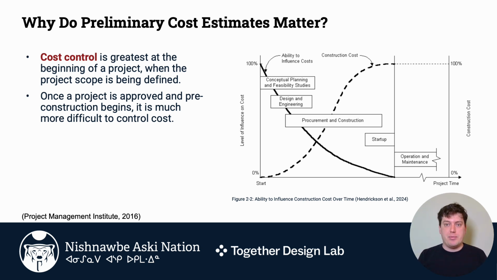At this phase of the project, we're right at the start and we're just putting together a vision for what construction could be. And so as I said in the previous slide, we've spent basically nothing at this point. So you have the greatest control over cost. This is the time in the project where you're able to make decisions that are best able to shape how you're going to use your money.